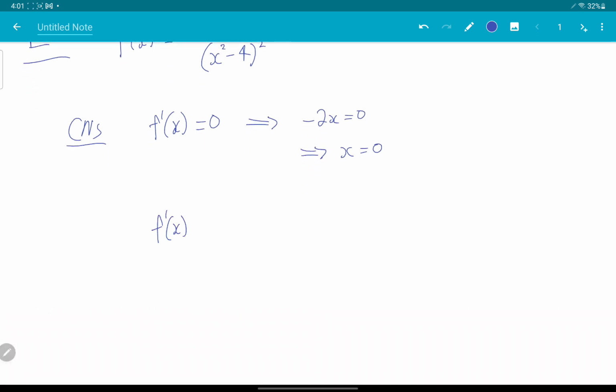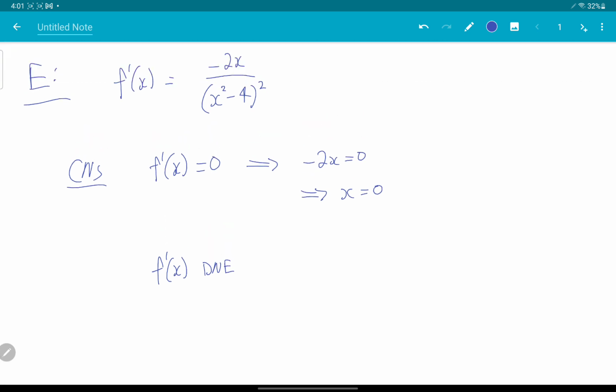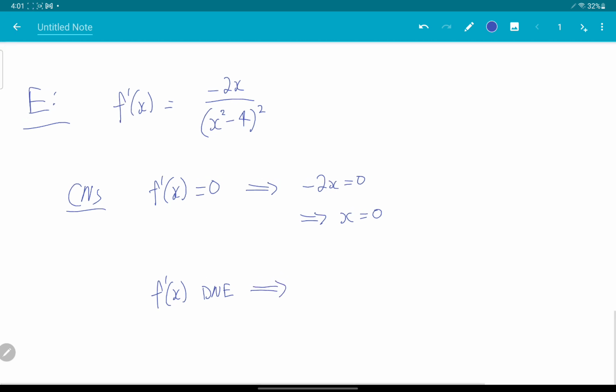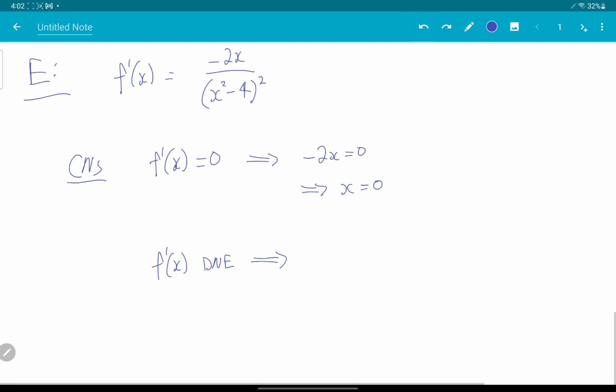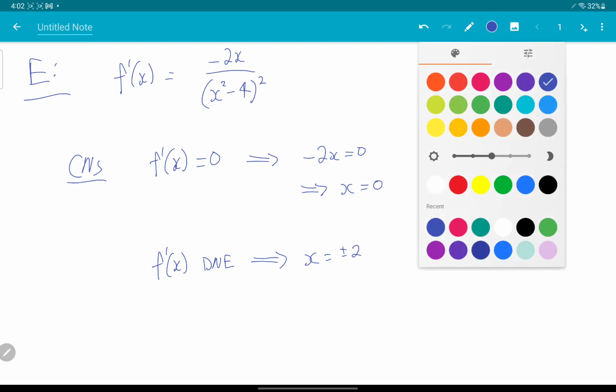But here, in this case, we also have to consider the possibility that f prime of x does not exist. That can happen when x is equal to plus or minus 2. But these are not critical numbers.